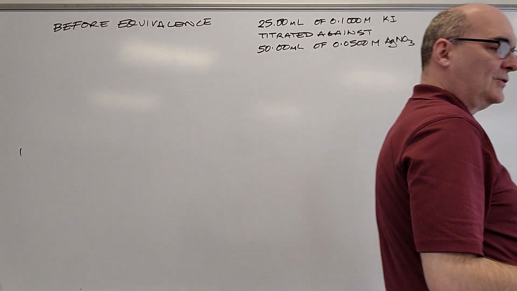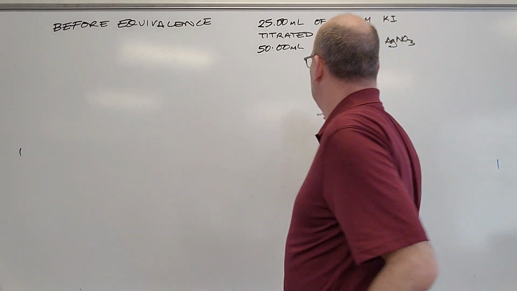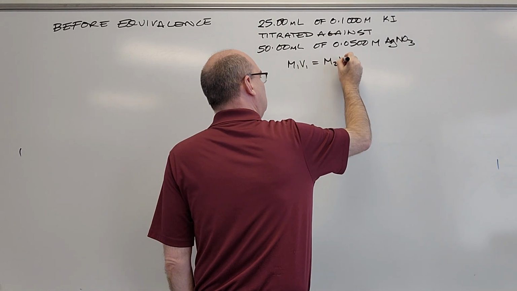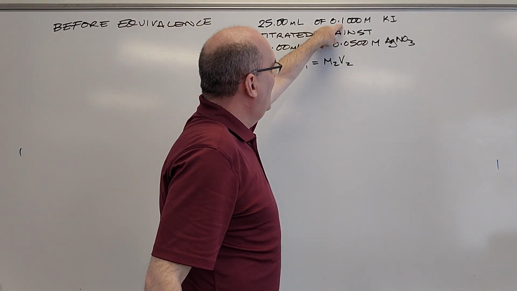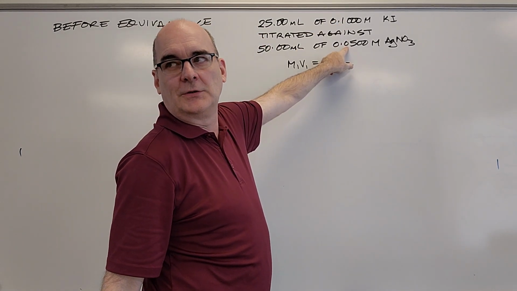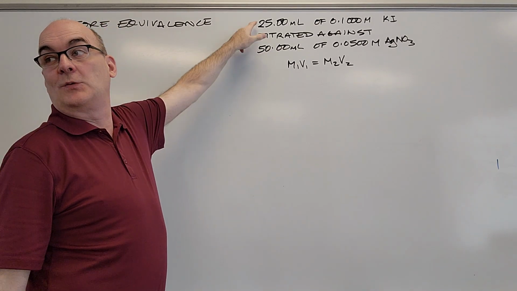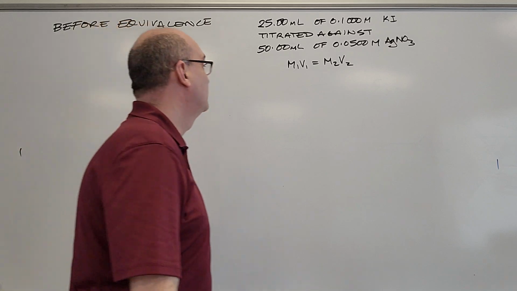There you go. So because M1V1 equals M2V2, because that concentration is twice as large as this concentration, that means this volume has to be twice as large as that volume. Okay? All right.